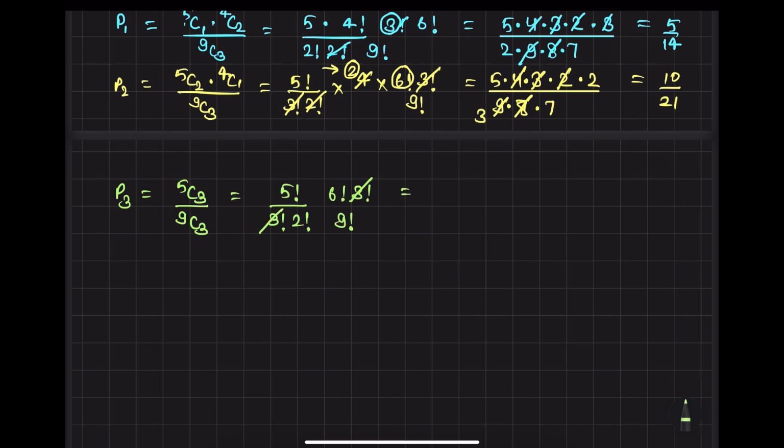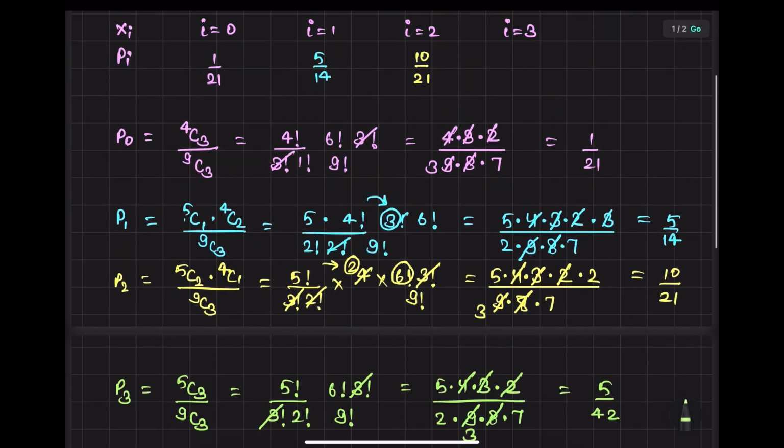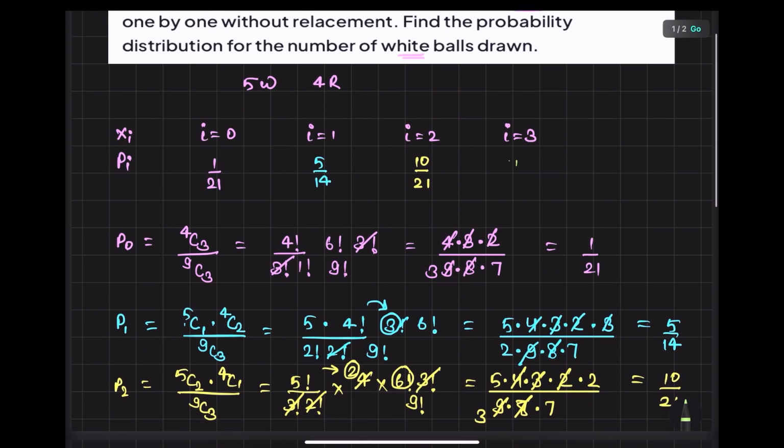Now you can simplify things. So 5, 4, 3, 2 and 6 factorial I will be neutralizing using 9. Then we have 9, 8, 7. 6 factorial gone. So 4 twos are 8, 3 threes gone. We are left with 5 by 42. So we have 5 by 42.